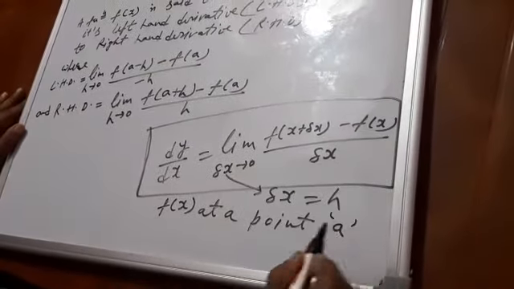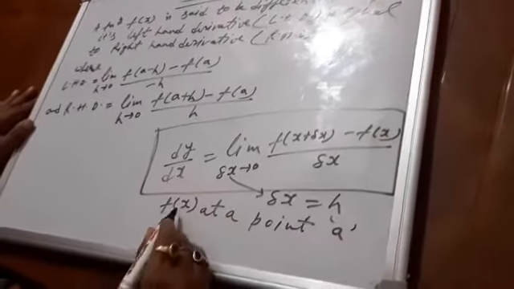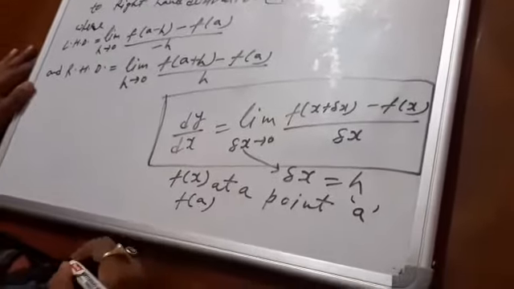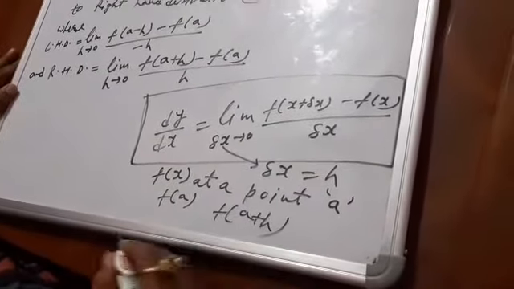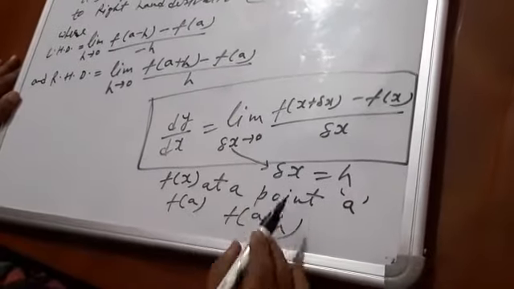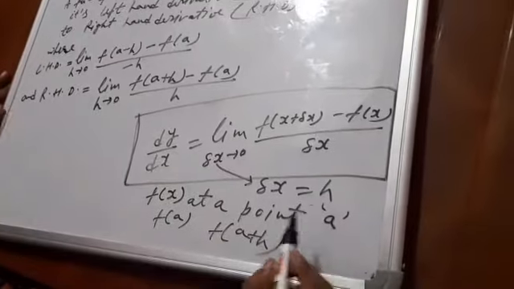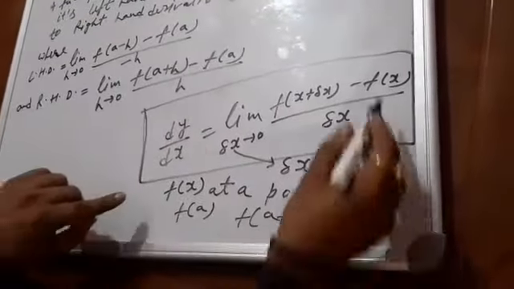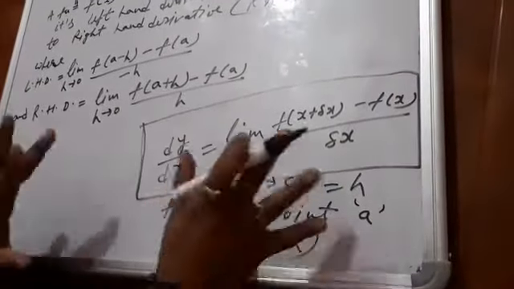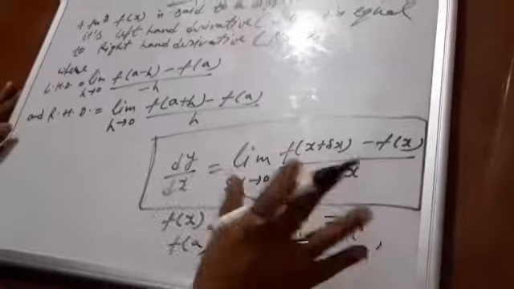Suppose that your point is a, then the value of the function becomes f(a), and with a little increment it is f(a plus h). Actually it is a plus delta x, but in place of delta x we have used h, so it is a plus h. By using this thing, it is the actual formula of derivative.